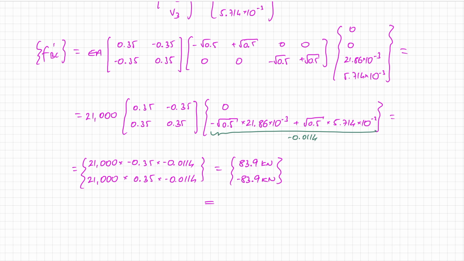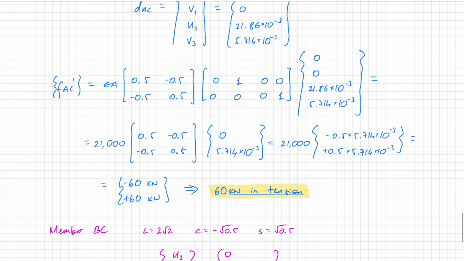And again, we go by the last one. So here we have for this member 83.9 kilonewtons in compression. And that has thus also solved the forces, and that brings us to the end of the question.